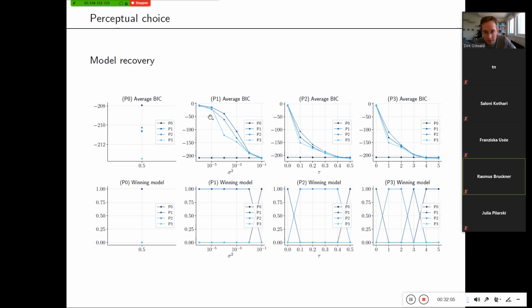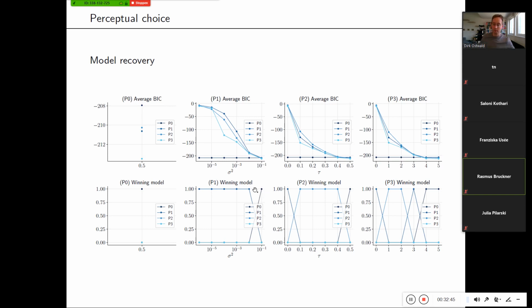Then we have data generated from model P1, and the highest BIC is then attained by model P1 until a certain point where actually the null model gets better, and this makes, of course, some sense: in the scenario where this perception uncertainty parameter gets fairly low, and the output of the model becomes fairly random, then the null model actually wins.